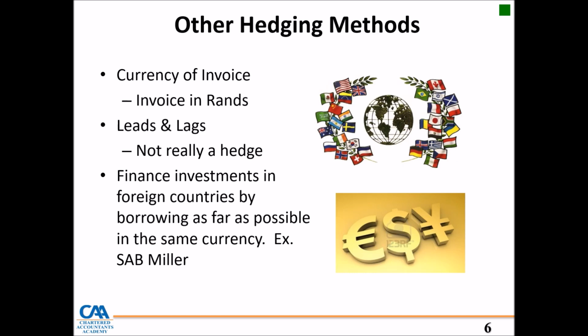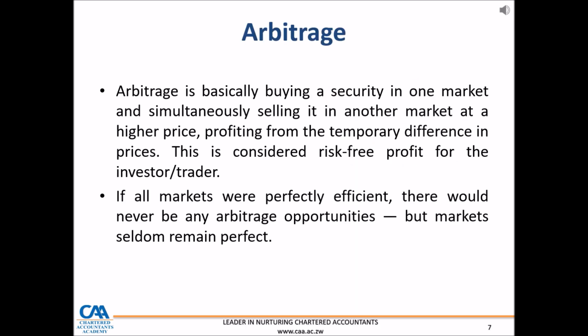And a typical example would be SAB Miller. I would also want you to go through and research SAB Miller and find out how the company limited their exposure to foreign exchange rates using this method of financing investments in foreign countries.